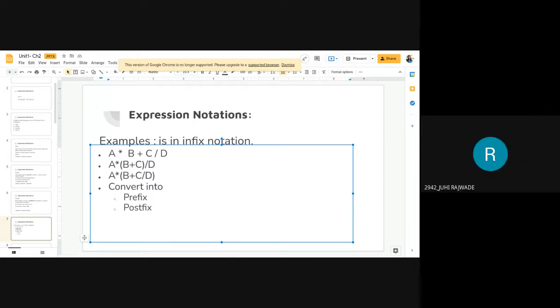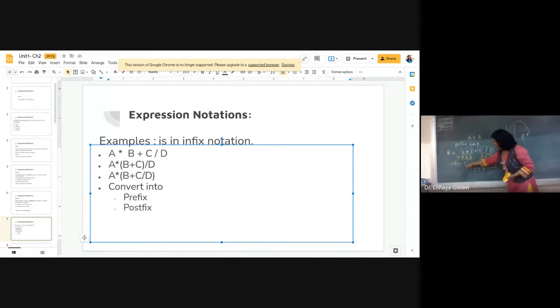So A star B, so star AB, C slash D, so slash CD, and then after evaluating multiplication and division, we are going to perform addition. If you put slash before, that will be a different expression.